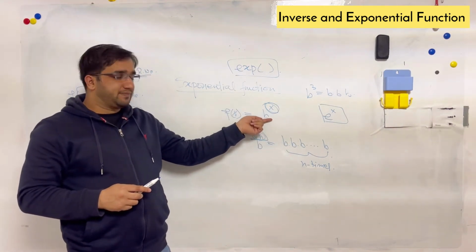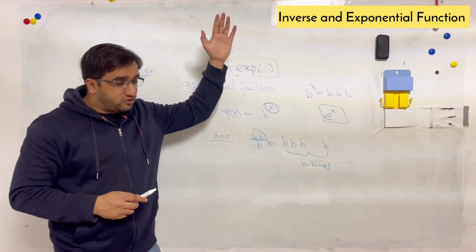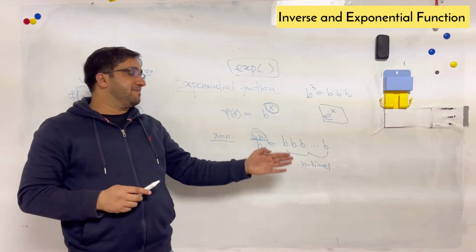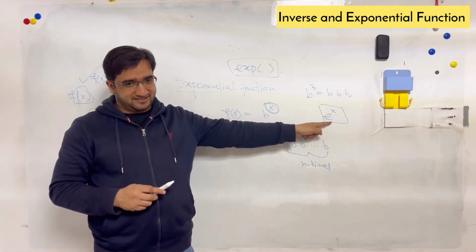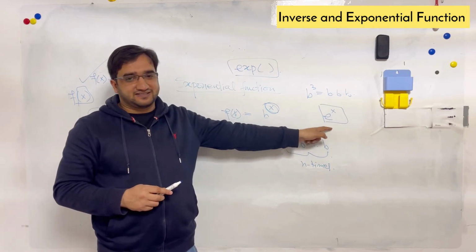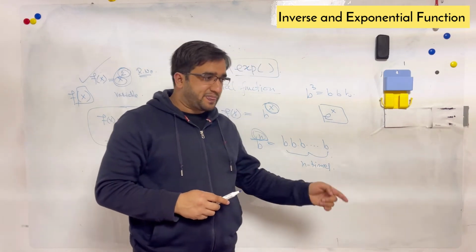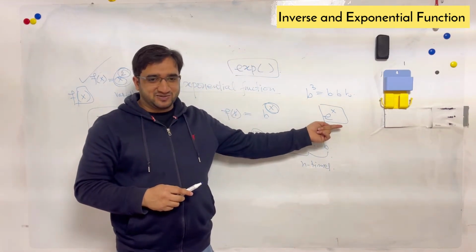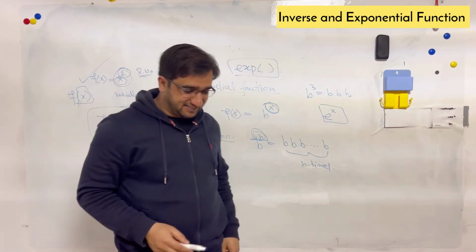Actually, any number raised to the power of a variable is exponential, but out of all those infinitely many exponential numbers, this is the best exponential number. That is why we always consider this one, and we will see today why it is best.